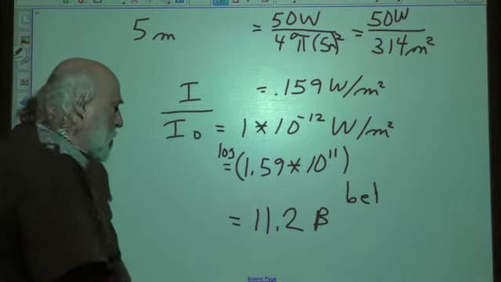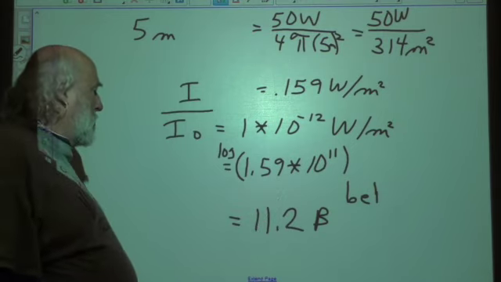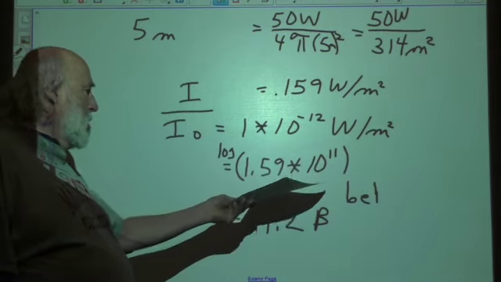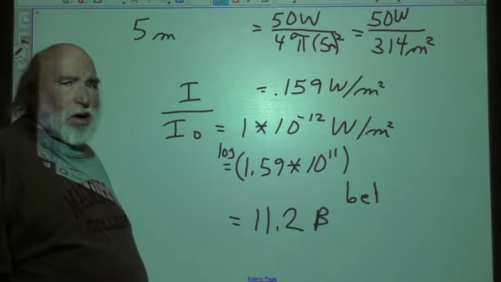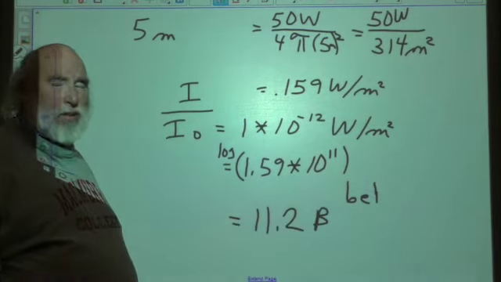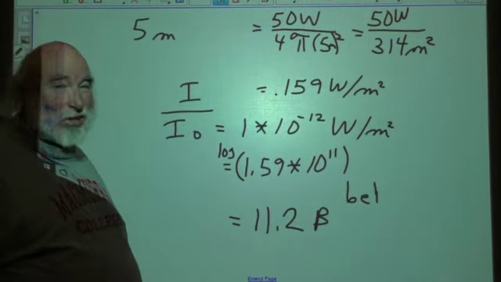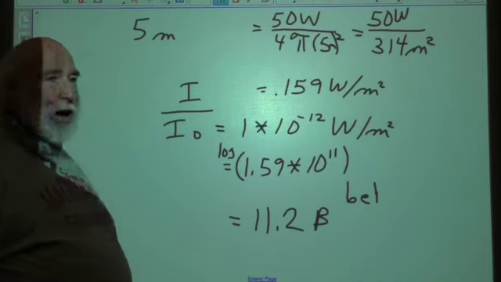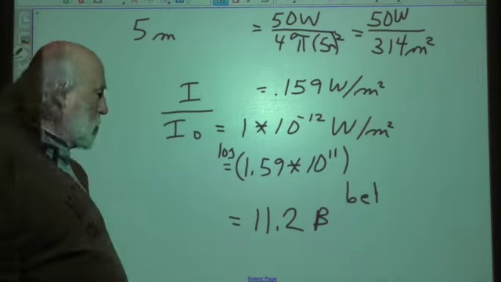Now, why do they do that? Mainly because if you tell somebody in the general public 1.59 times 10 to the 11 is a ratio, a lot of people didn't have an idea back then, and it's kind of still that way now. So we use logarithms to bring it home as something that people can grab onto.